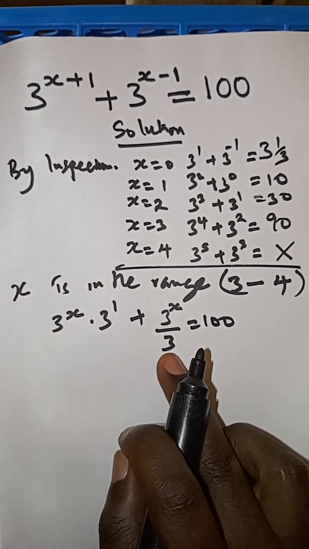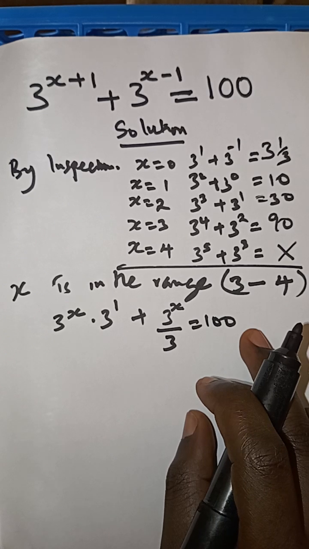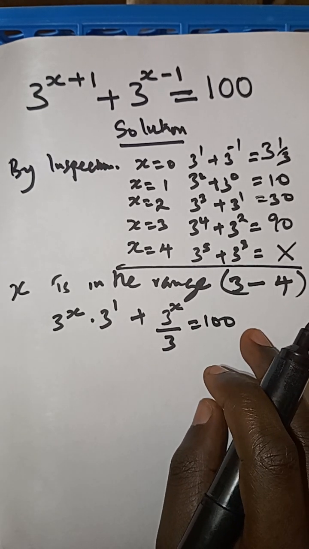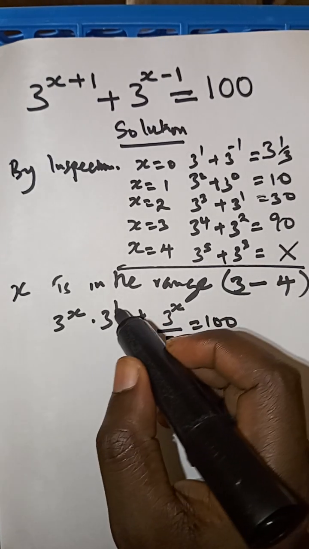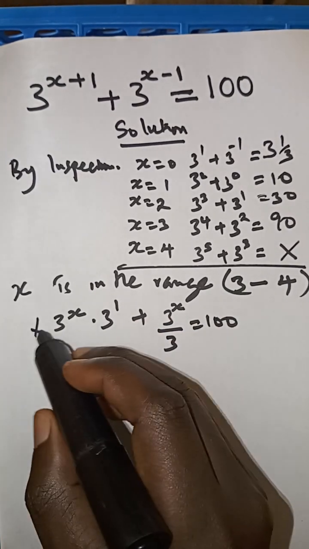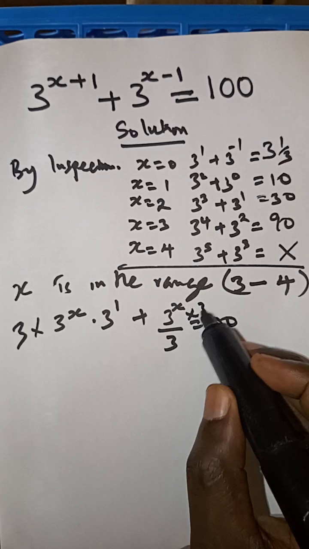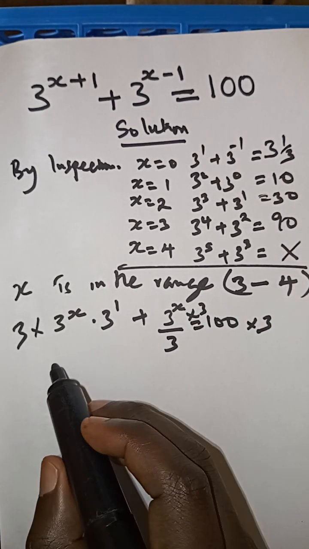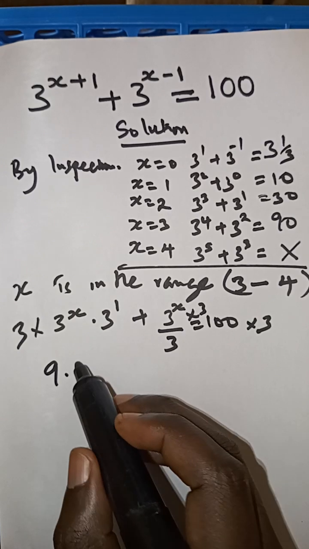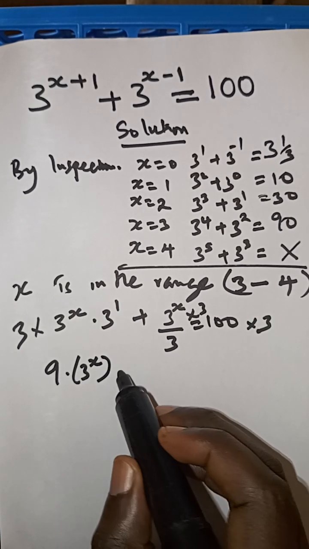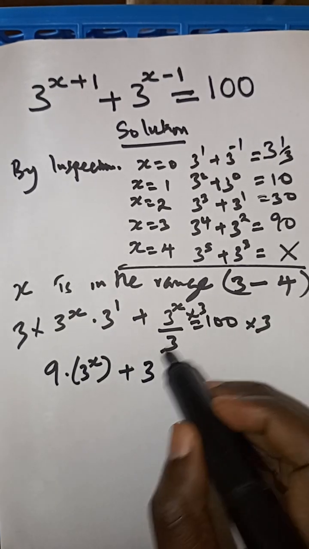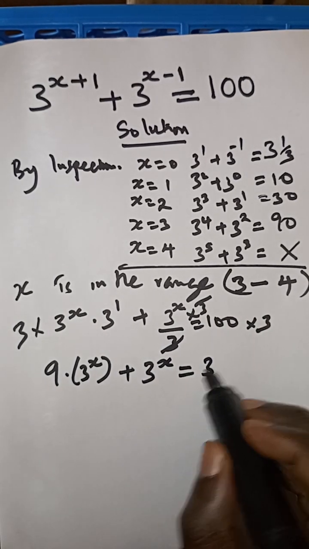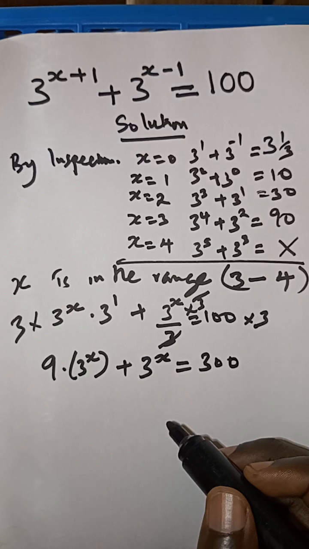I'm going to remove this 3 by multiplying all through by 3, so that I get 9 times 3 to the power x plus 3 to the power x, since this 3 and this 3 cancel. I'm going to get this should be equal to 300.